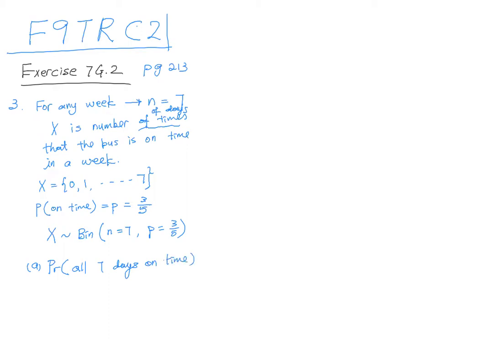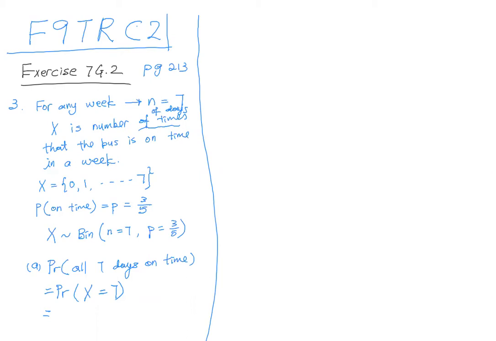Okay, this one means probability of X equal to 7. Am I right? So how are you going to get this? There are 2 ways. One is by formula. One is using your GC. So I'm going to show both.